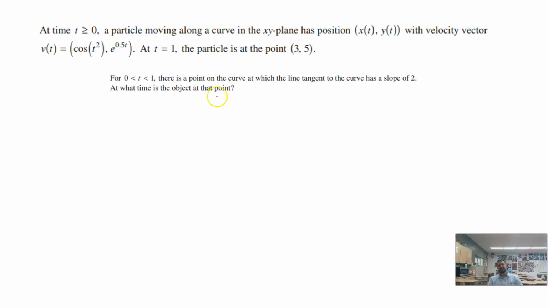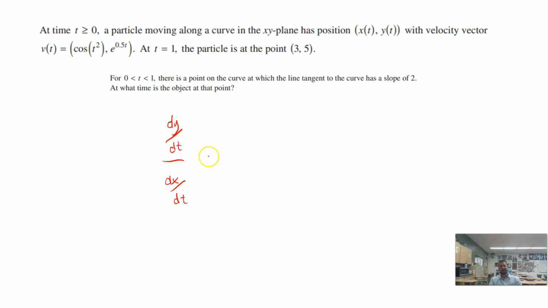Letter B wants to know there's a point on the curve at which the line tangent to the curve has a slope of 2. At what time is the object at that point? Well, remember, when we're talking about parametric equations, well, really any equation, our slope of our tangent line is given by dy/dx, but because this is a parametric equation and we don't have dy/dx, we have to put dy/dt over dx/dt.